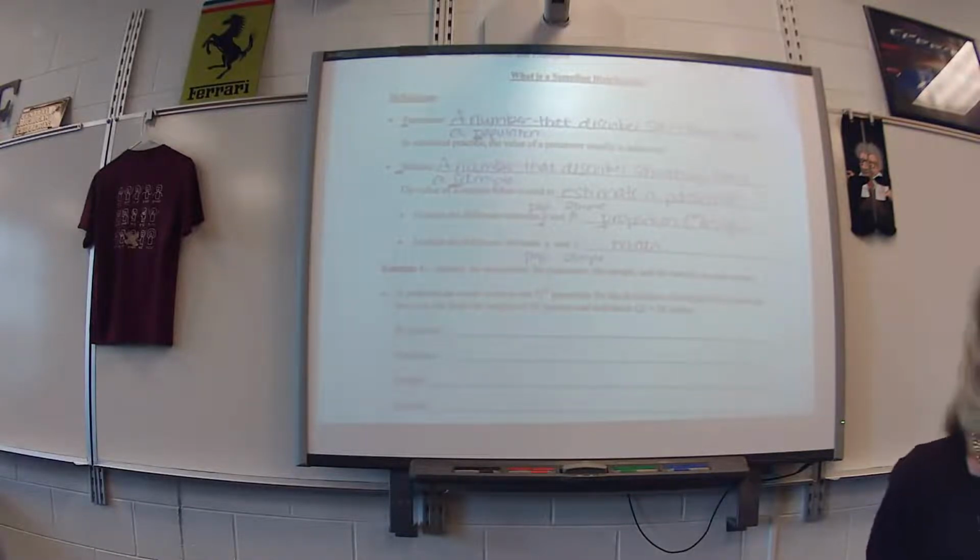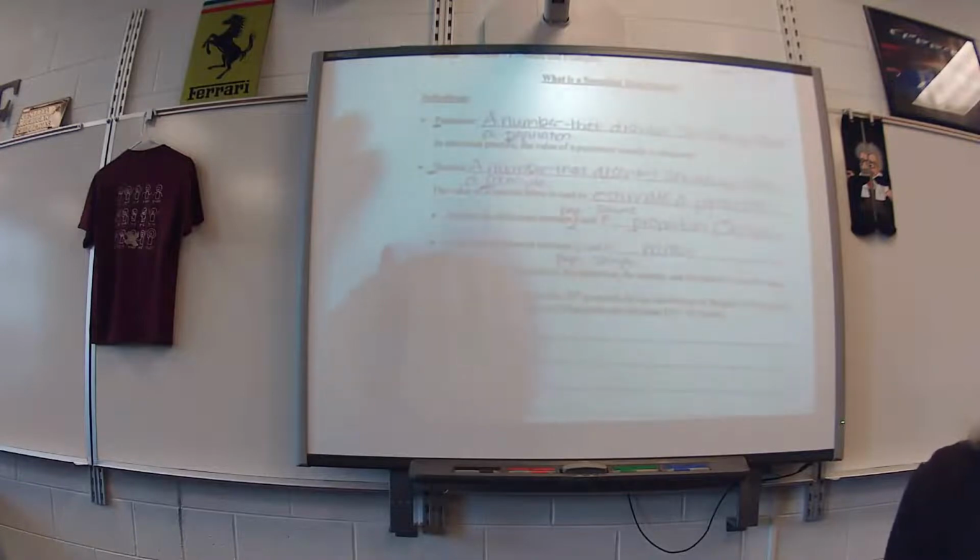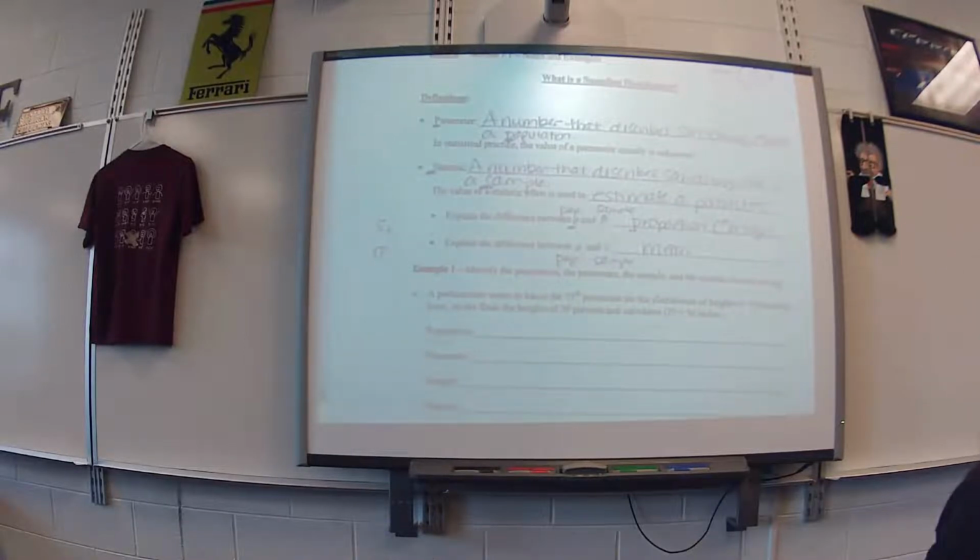You also have Sx and sigma. Those are both standard deviations. Sx is the standard deviation of the sample. Sigma is the standard deviation of the population. We just use different symbols, whether we're dealing with a sample or a population.